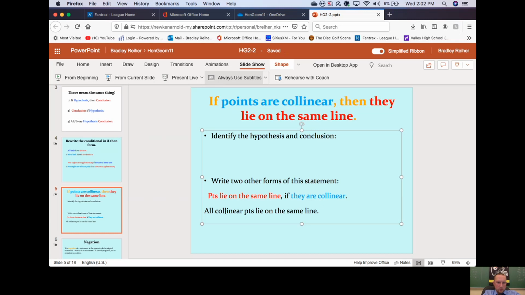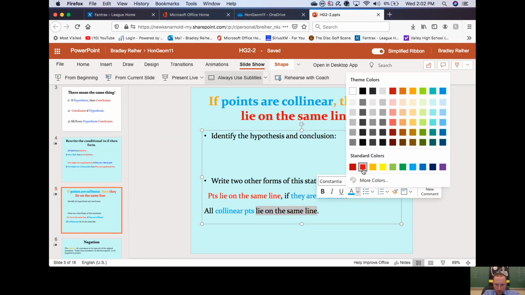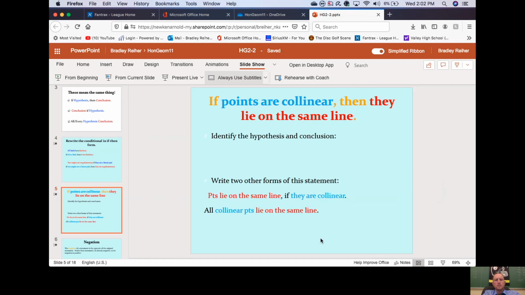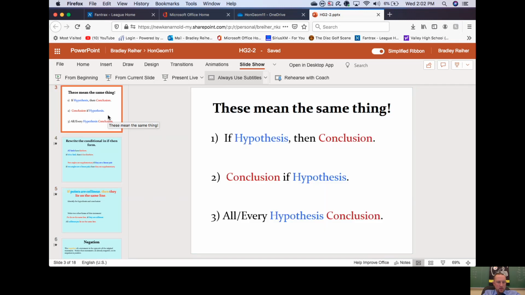All collinear points lie on the same line. You might have noticed that I switched points are collinear with collinear points. That's not changing the meaning of anything. That's just making it make more sense in the way I have the sentence structured. These two statements mean exactly the same as this one, because I followed the template.